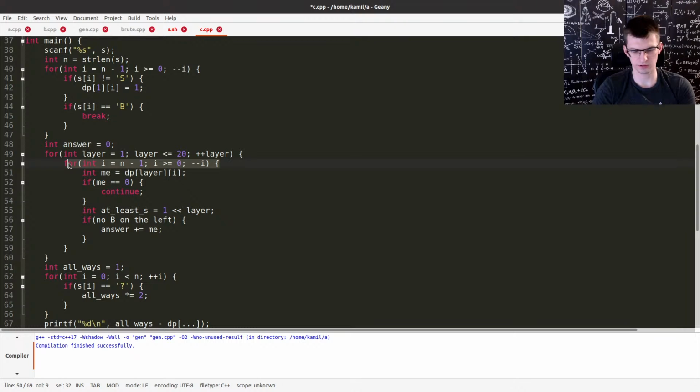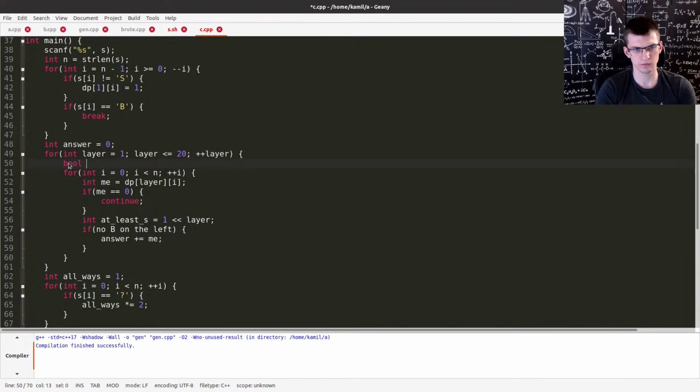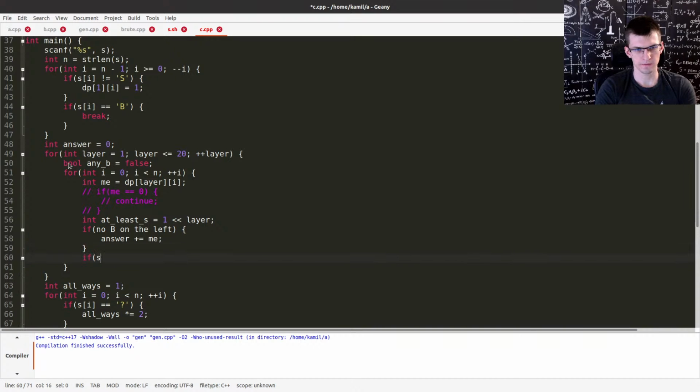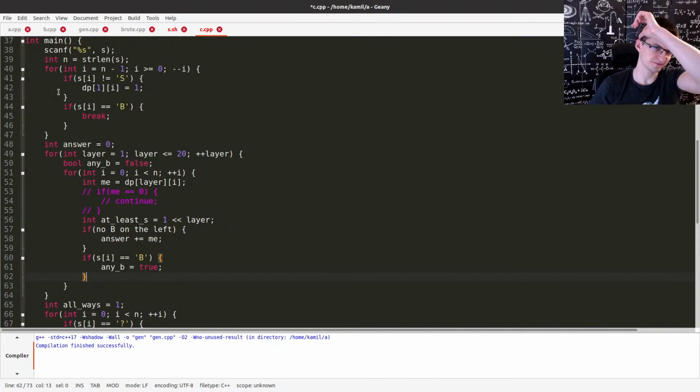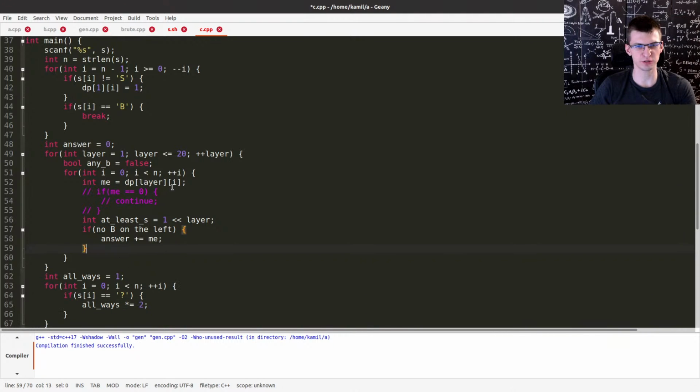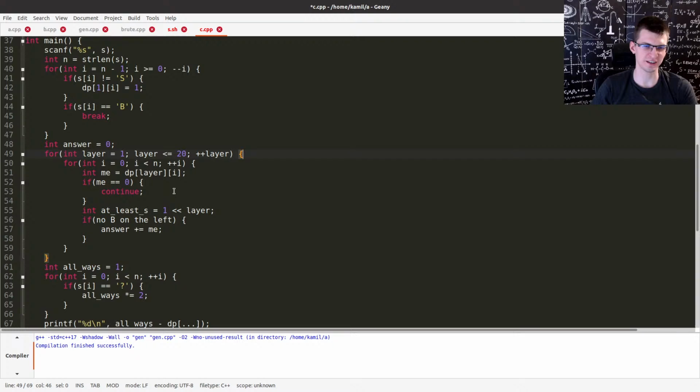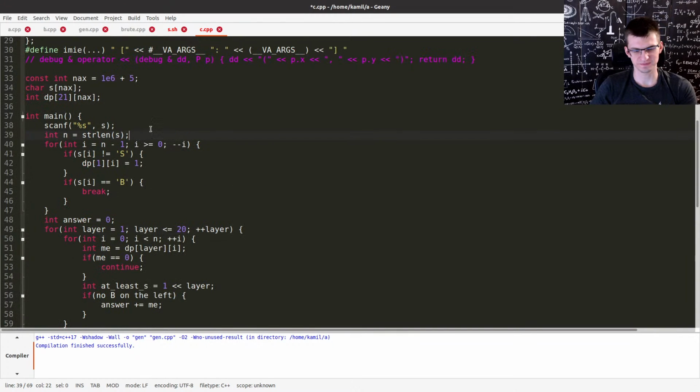This will be easier if I do it in the other direction. Shouldn't then continue, damn it. S of I is B. Oh, okay, there's an easier way that doesn't rely on the order of operations. I will find the position of the leftmost B. That's easy.